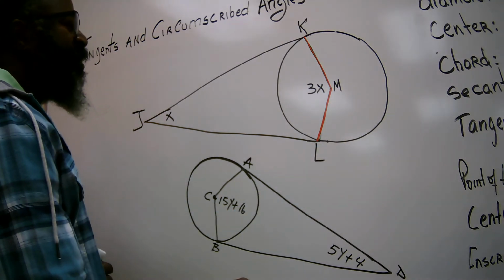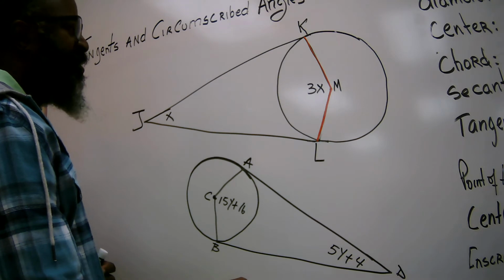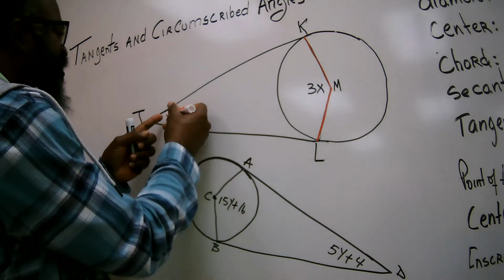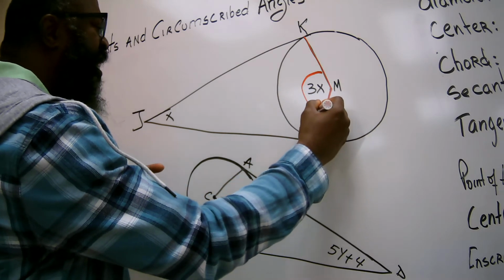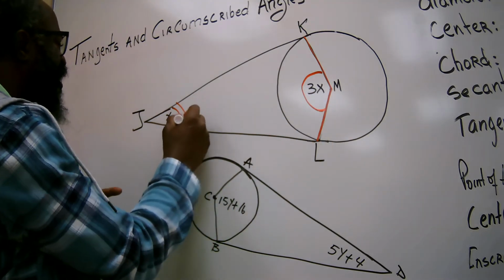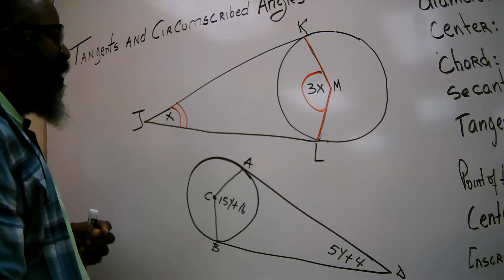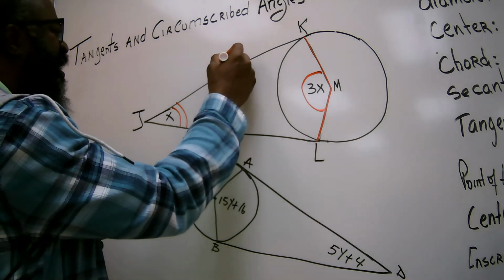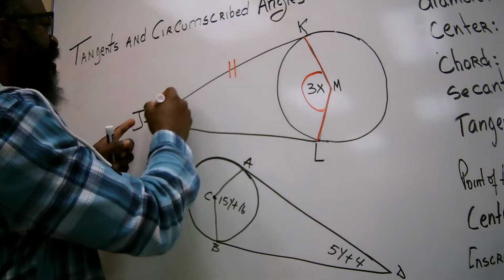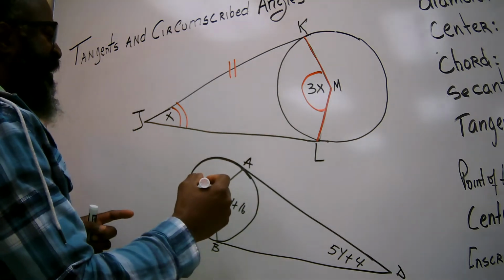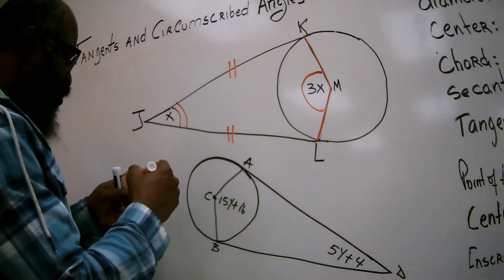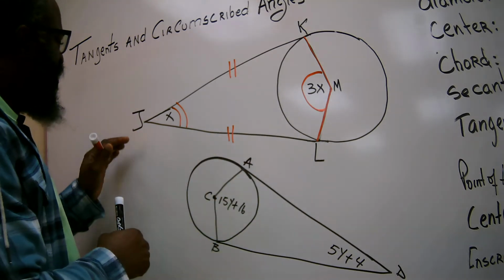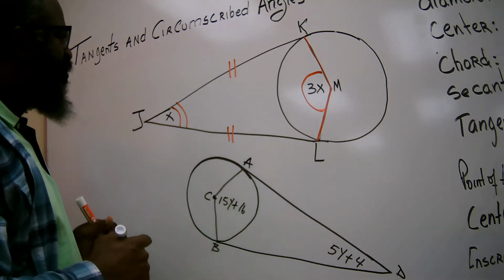So there are two ways we can do this lesson. So angle J and this central angle are supplementary. Alright? And remember that earlier JK, which is a tangent, is congruent to JL. Those two tangents are congruent. They share the same external point.